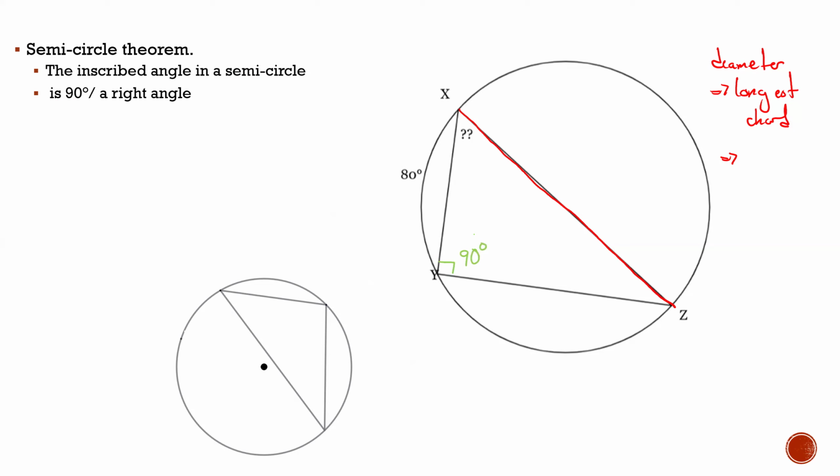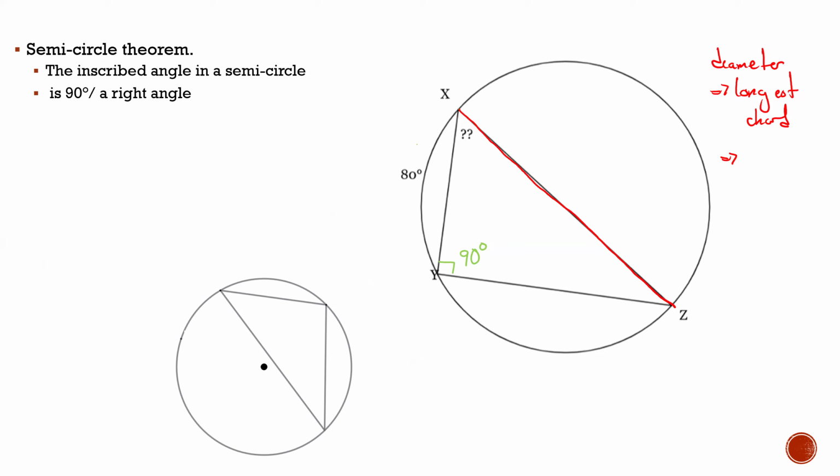That is awesome. So we already know one angle automatically. As long as this line in red is passing through the center of the circle and dividing the circle into two equal halves, we can apply the semicircle theorem.